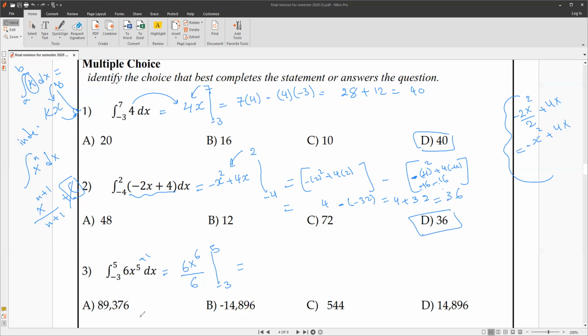Fundamental theorem of calculus. Fundamental what? Theorem. It will be this one, constant. It will be 6 over 6, x to the power 6, from -3 to 5. Okay, here it will be 5 to the power 6 minus -3 to the power 6.